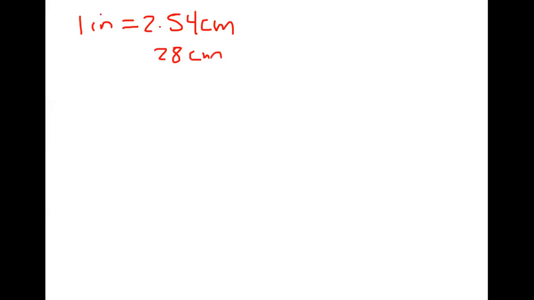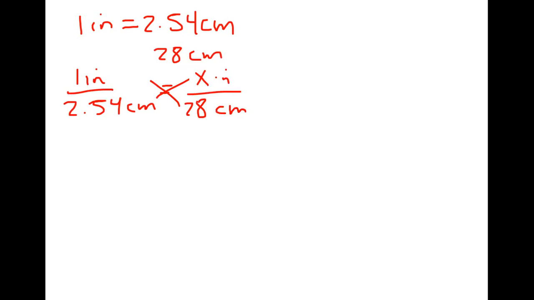So let's set up our ratio and proportion. 1 inch over 2.54 centimeters is equal to 28 inches over x centimeters. So we're going to cross multiply.